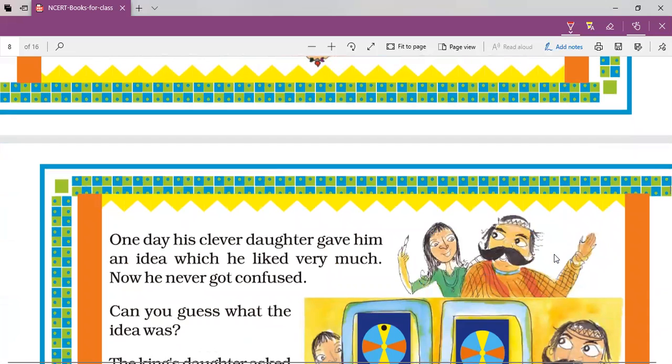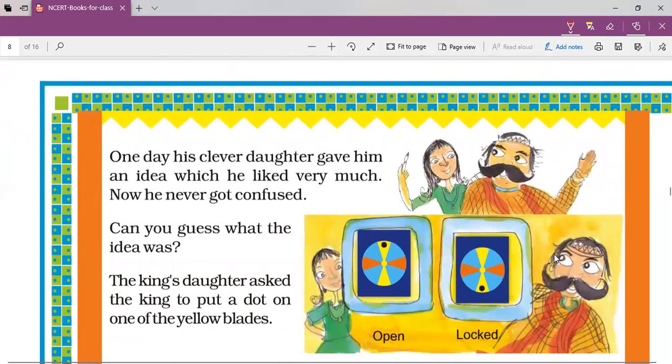Then his daughter, she was very clever. She gave him an idea: instead of doing this, we'll put some mark on one part of that locker. So when you give a half turn, you'll understand the locker is closed, and when the same part comes up, you'll understand that the locker is open. So she put a dot on the yellow part of that locker.